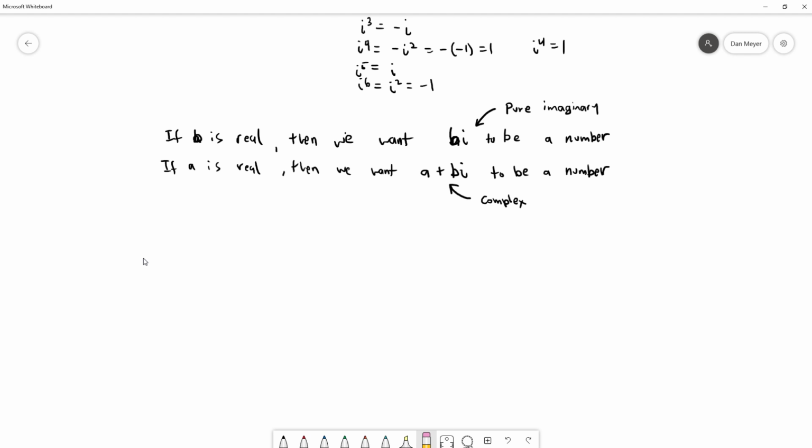And what you're going to learn by watching the videos is the arithmetic of complex numbers. And it turns out that it's not all that bad. You're going to learn how to add them together and subtract them. That's super duper easy. Multiplying them together is not all that bad.